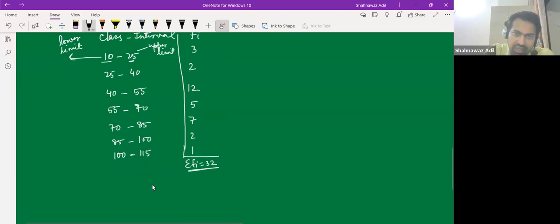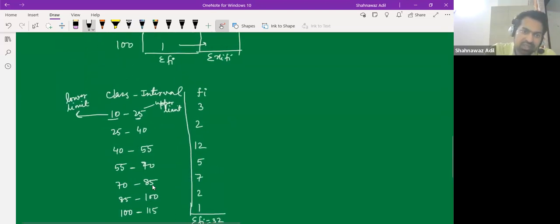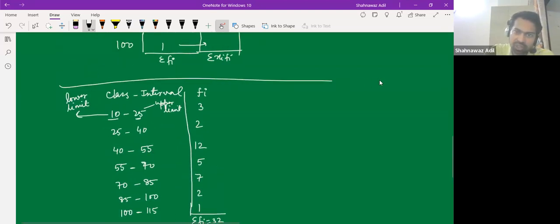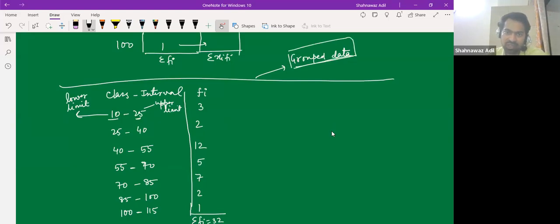Okay. And so this is called the grouped data. And what are the important things of a grouped data? So in here we have a class interval.